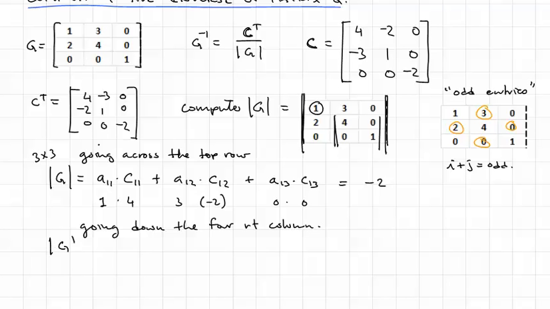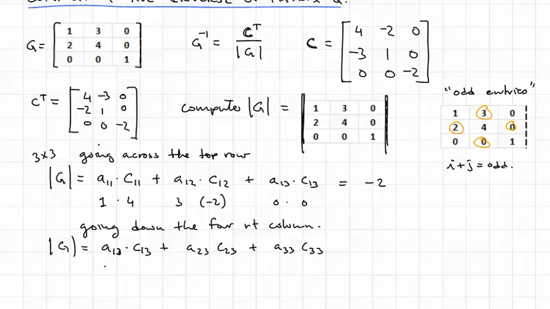Okay, so what we'll do is we're going to go down here. So we'll have a term, it would be A13 times C13 plus A23 C23 plus A33 C33. So that's moving down in this direction.